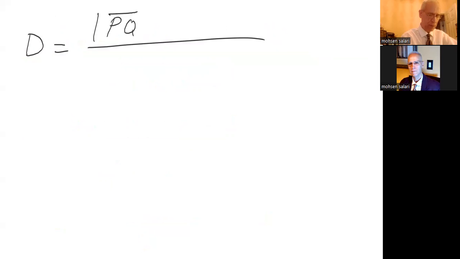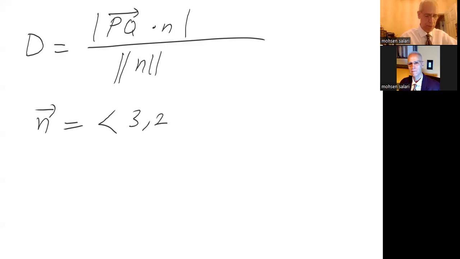Using the formula that distance equals the absolute value of PQ dot n over the magnitude of n. So what is n? n is my normal vector. So (3, 2, 6) is my directional vector.